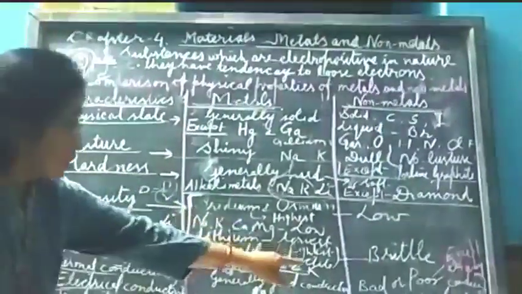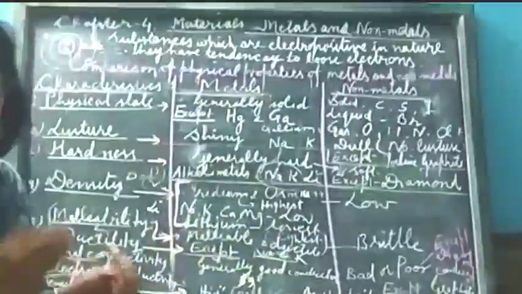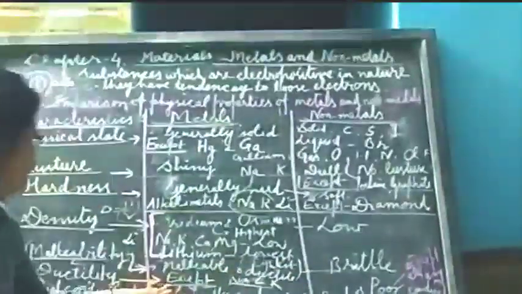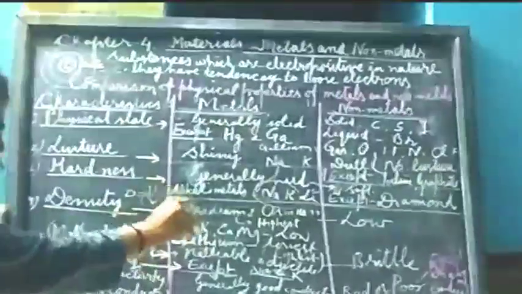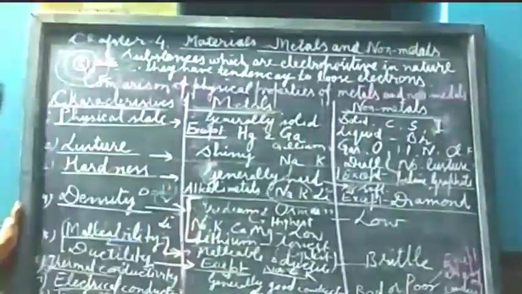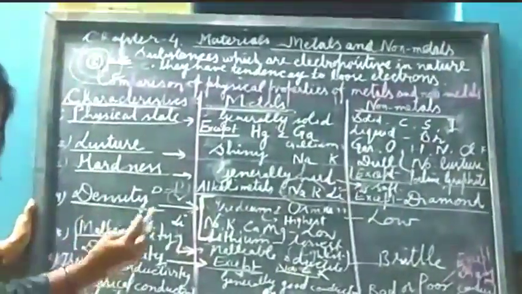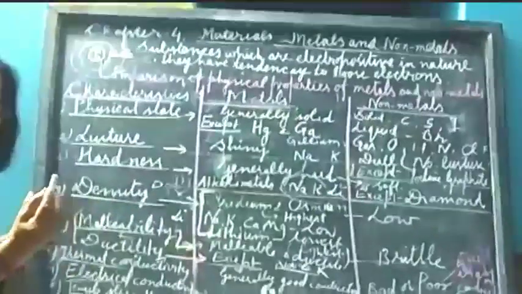Again, see, non-metals are brittle in nature. So first, what is the meaning of brittle? This is the new word, just the opposite of malleable and ductile. When non-metals are tapped with a hammer, they break down into a powdery mass, like coal and sulfur.